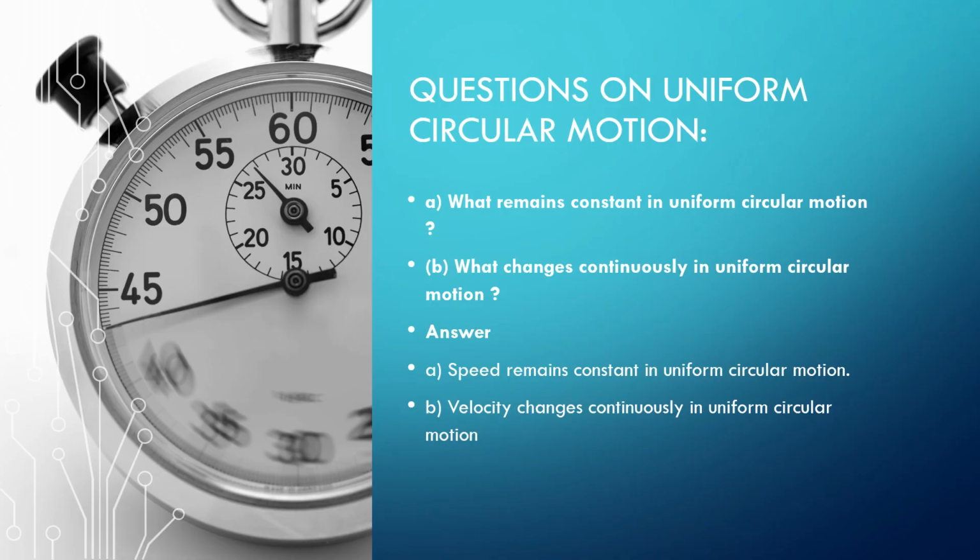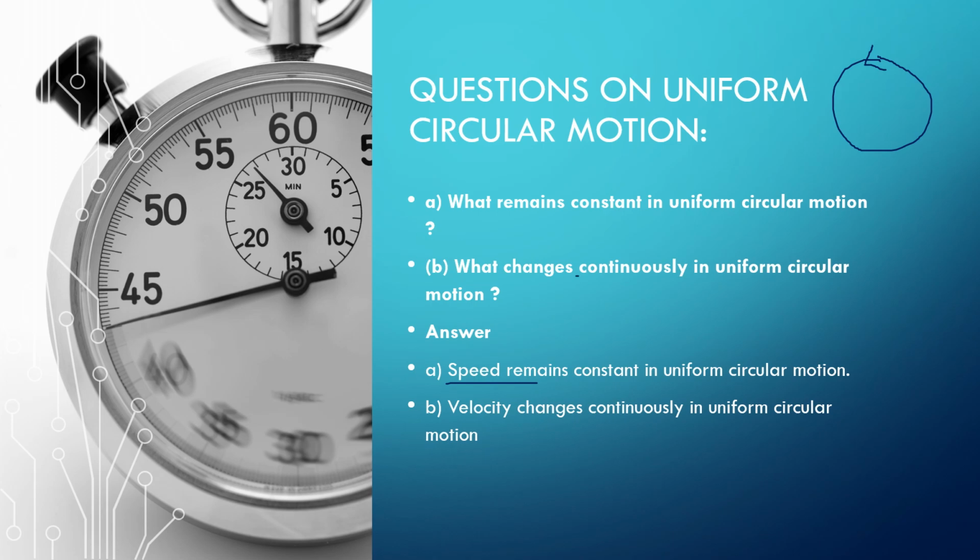Now there are some questions on uniform circular motion. What remains constant in uniform circular motion? Speed remains constant in uniform circular motion. If the particle is moving in a circle, that means speed is constant.